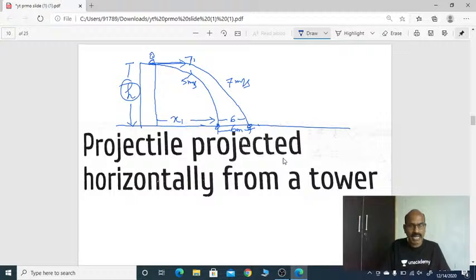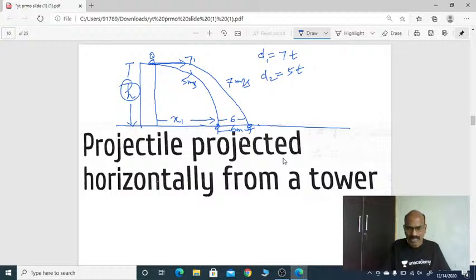So the distance travelled by the first body, say d1, is velocity into time, 7 into t. For the second body at 5 meter per second, the distance travelled is velocity into time.